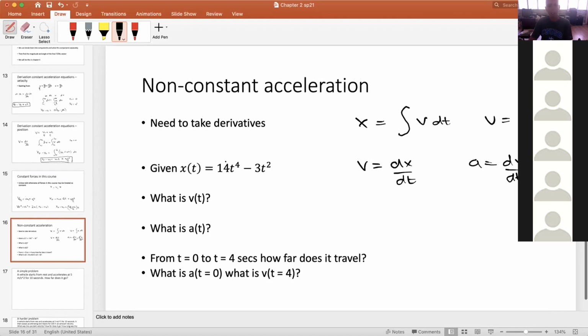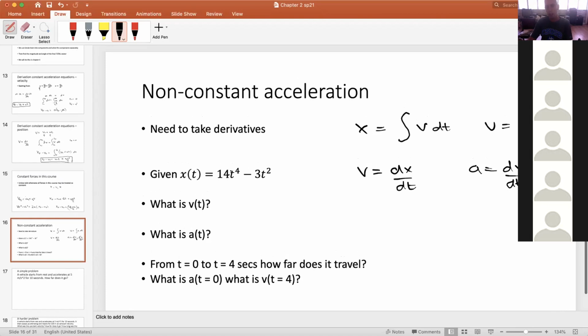So if we want v of t here, we would take the derivative of this. 4 would come down, so 56 t to the third minus 6t. Taking this again, that'd be 168 t squared minus 6. We could then ask, from t equals 0 to t equals 4, how far does it travel? Well, that's just plugging in 4 for x final minus x initial, but this is 0, so it's really, sorry, I'm being dumb.